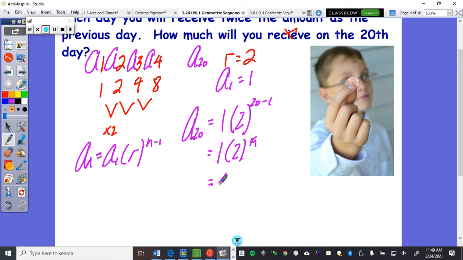We have 524,288 pennies, if for 20 days I double the amount from the day before. Pretty impressive, huh?